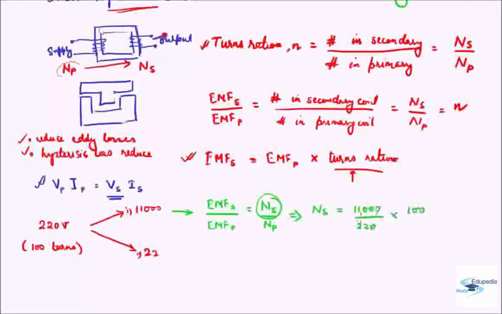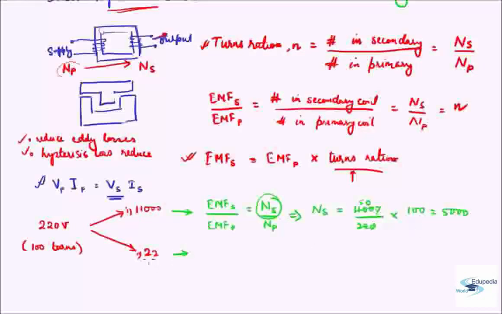Now this will turn out to be, if I take 110, this is 5, so basically it is 50. This gives me 5,000 turns. So to step up the voltage from 220 volt to 11,000 volt with 100 turns in the primary, we need 5,000 turns in the secondary coil.